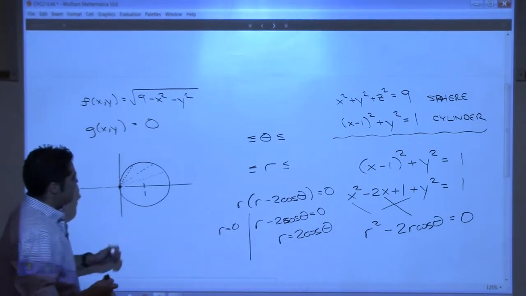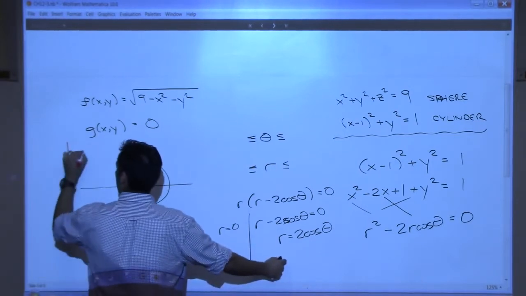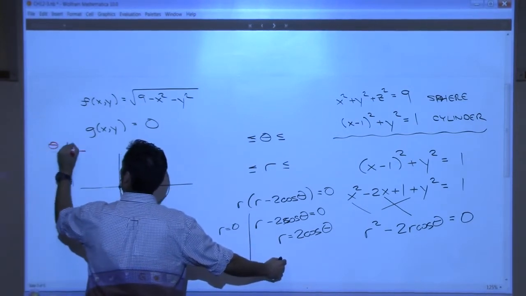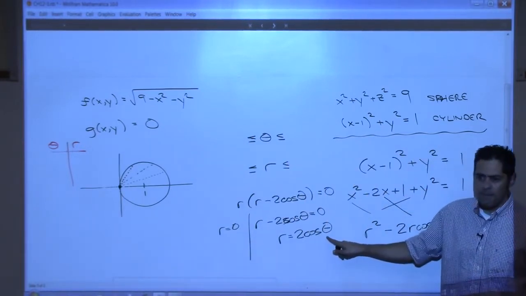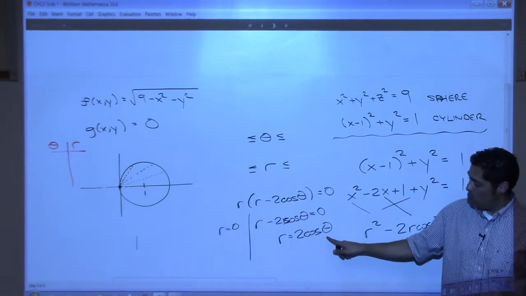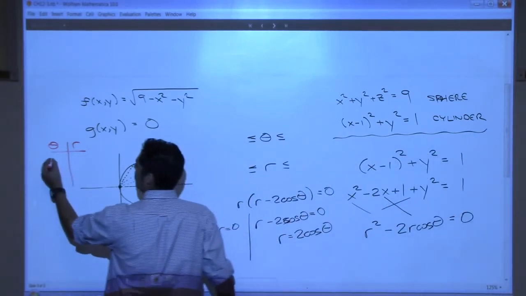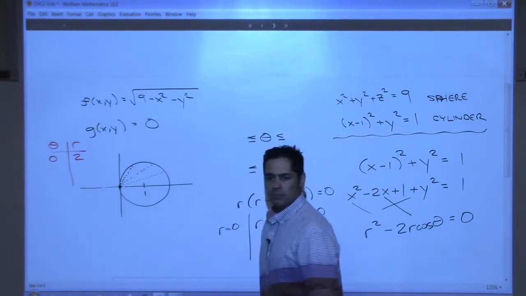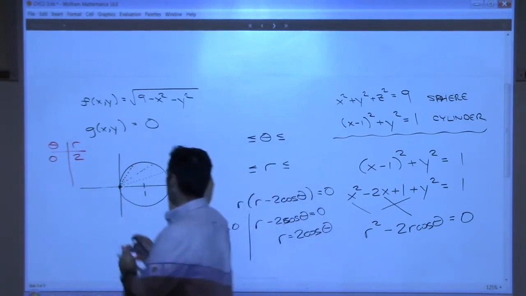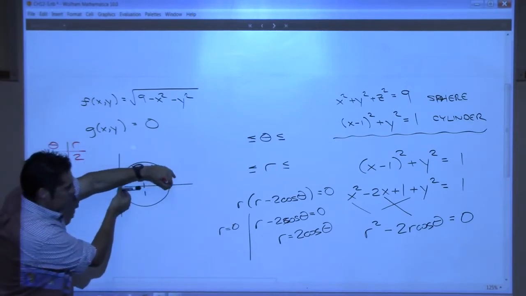Let's see. Let's let theta, just for example, I'm going to do a good old-fashioned t-table. Theta, r. If theta is 0, what's cosine of 0? 1. 2 times 1? 2. So if my angle is 0, I should walk out 2 and draw a dot.